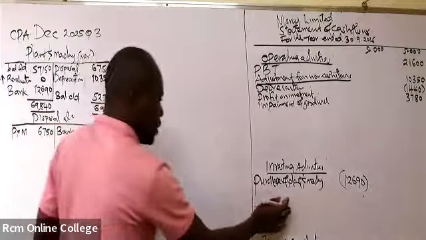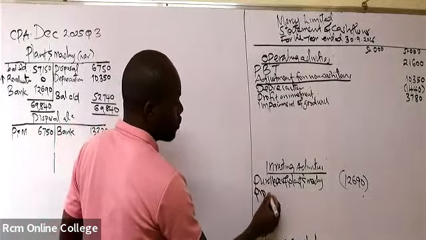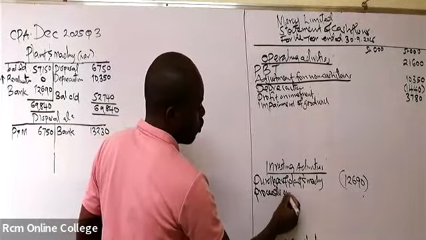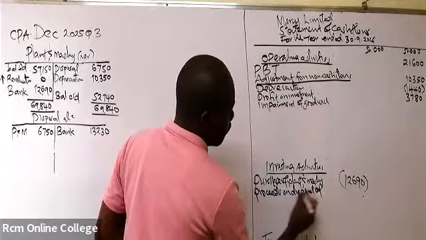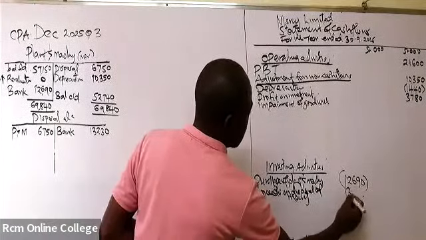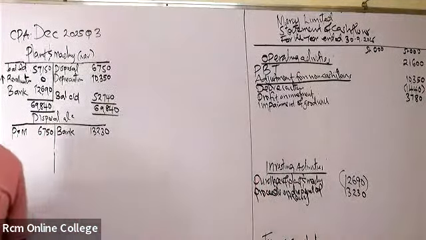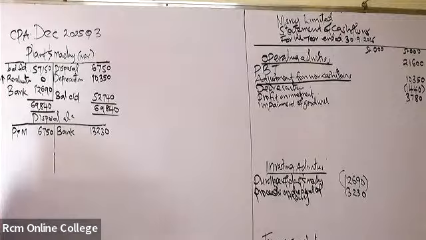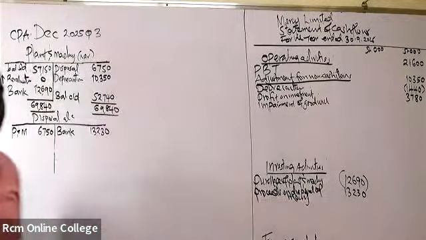So you come to the investment or investing activities here and talk about proceeds on disposal of machinery. How much is it? 13,230. That is a cash inflow. I've not even calculated anything. I've copied the figure from the additional information and already I'm having a mark there.